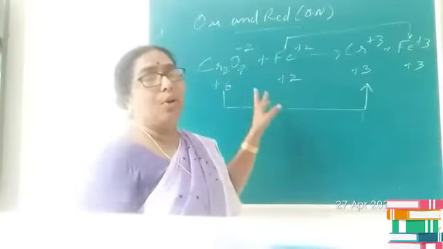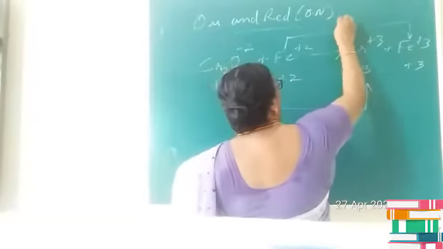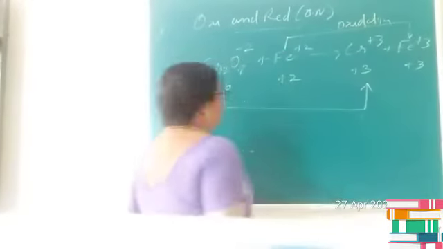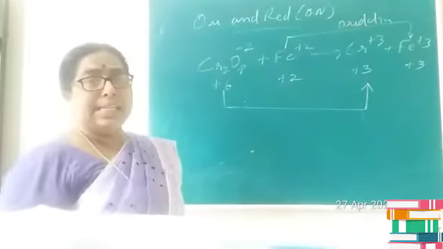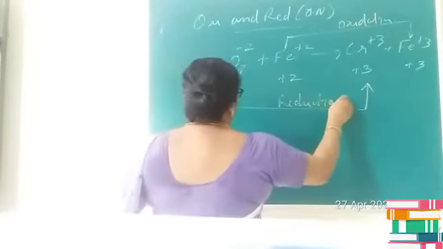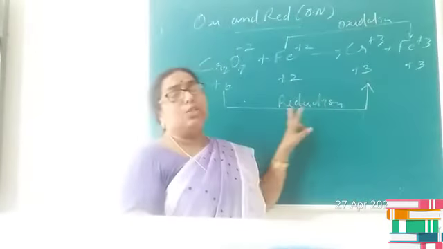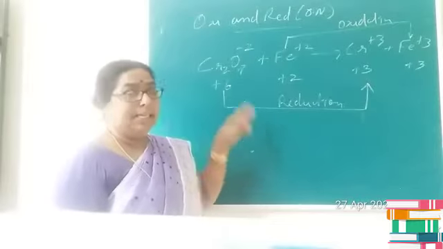The process in which the oxidation number of an element increases is termed oxidation. And if the oxidation number of an element decreases, it is termed reduction. Is it clear, children? The oxidation number of Cr decreases from plus 6 to plus 3, so that is termed reduction.